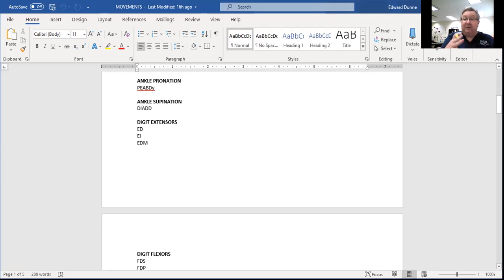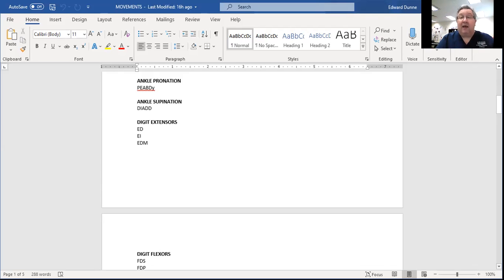The exam is not worth the same all the way through. There are questions that are harder, high level, and there are questions that are low level. When you get those higher level questions, you're going to get more points. And these two concepts of ankle pronation and ankle supination lead to higher point questions.